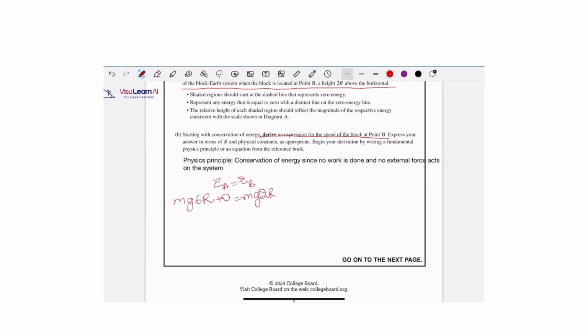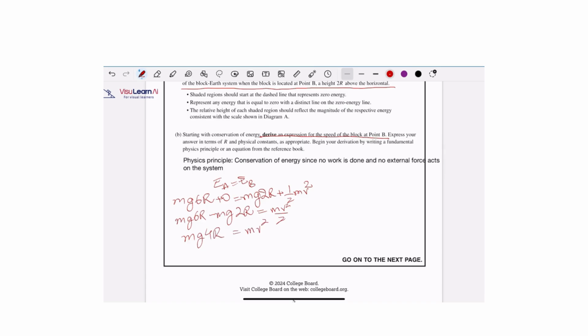And this time, instead of using the mg4r that we calculated, let's use half mv squared, which is the kinetic energy. And the reason we're doing this is that we have to put in a variable v so that we can calculate it. So by doing that and moving mg2r to the other side, isolating half mv squared, we get mg4r equal to mv squared by 2.